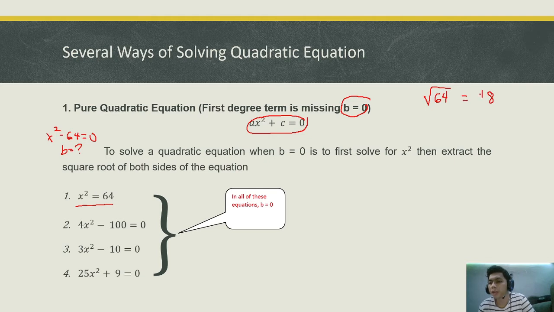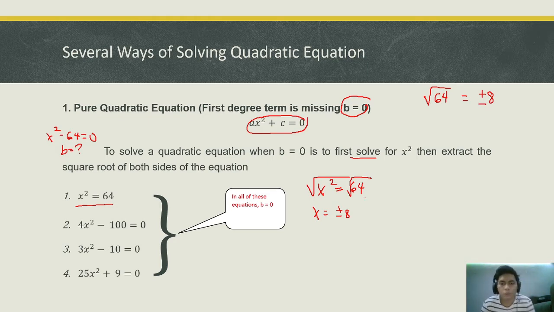It should be positive and negative 8. So for this example, x squared equals 64, the two values of x are positive and negative 8.